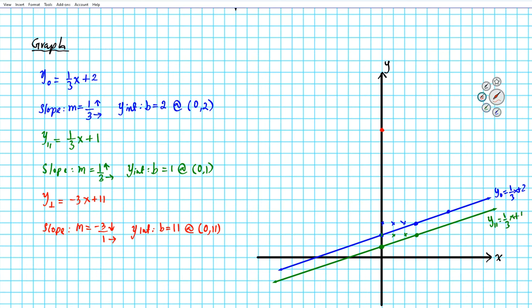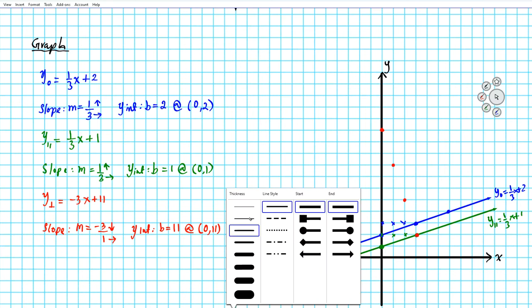To graph this one, we're going to drop 3 and run 1. So 1, 2, 3 over 1. Drop 1, 2, 3 over 1. And then drop 1, 2, 3 over 1. Bam, bullseye. Works perfectly.